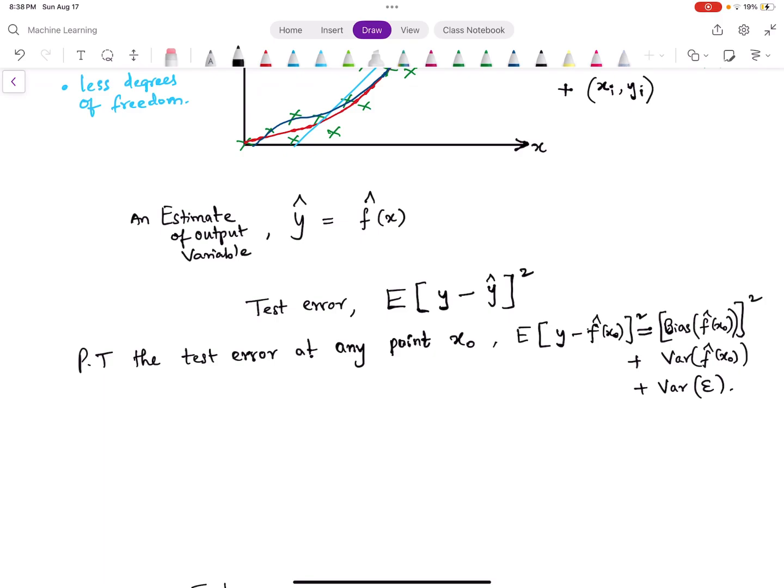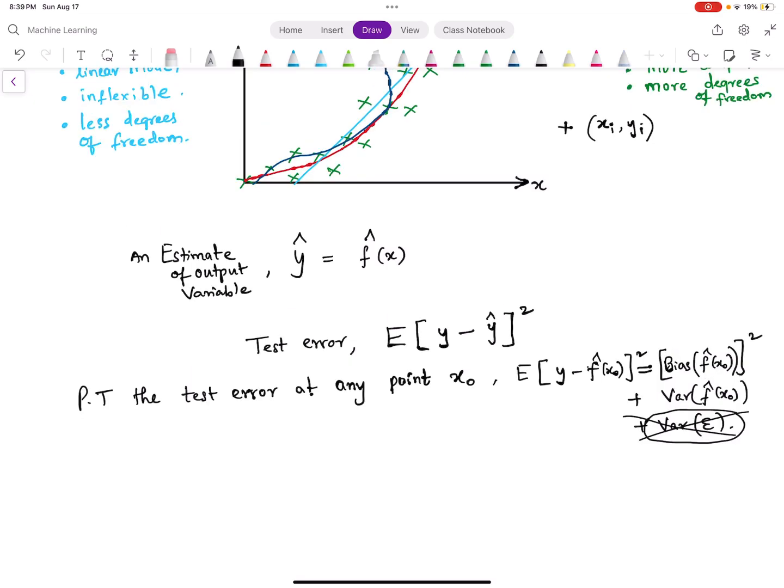To the modeler, the variance of the irreducible error is beyond control, whereas the bias and the variance of a model can be controlled through proper modeling.